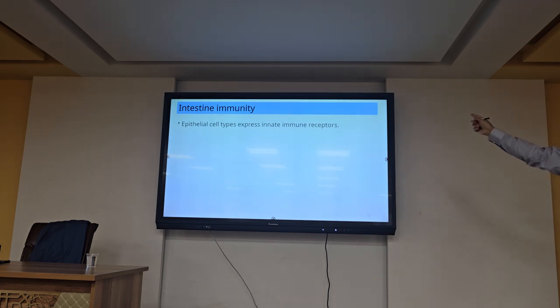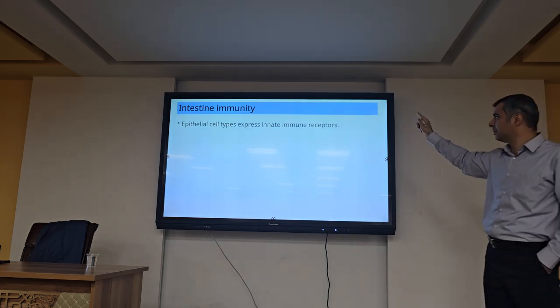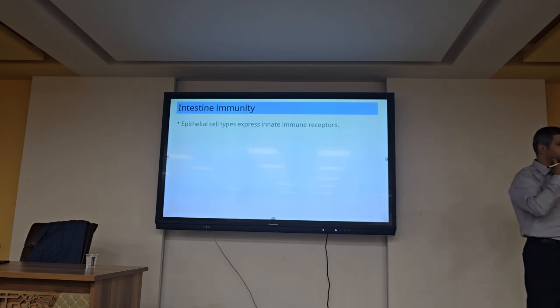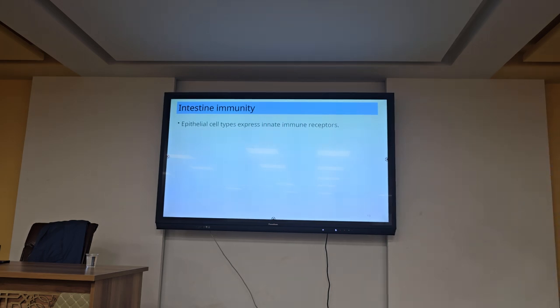What does that mean? Epithelial cells of the barriers express immune receptors. What does that mean? Not self. To detect non-self. Yes, it's okay.